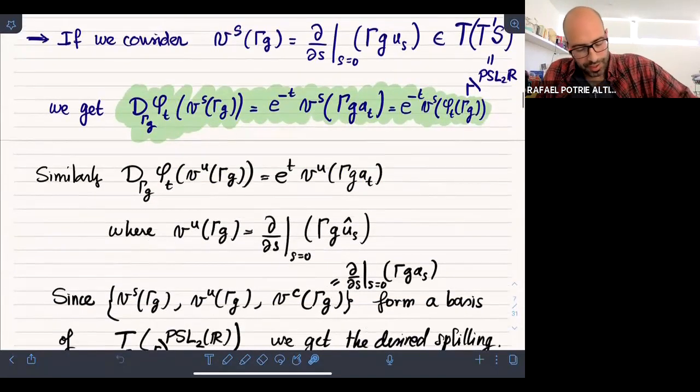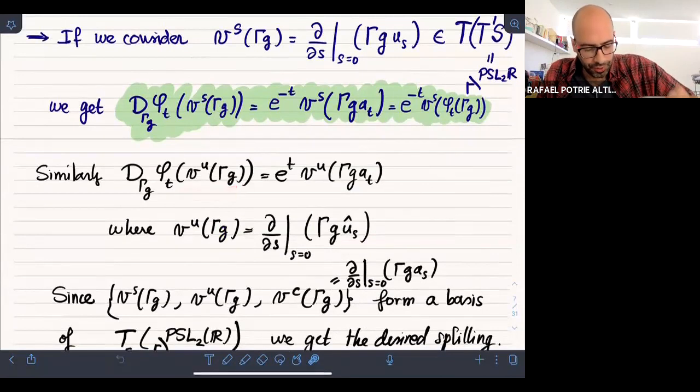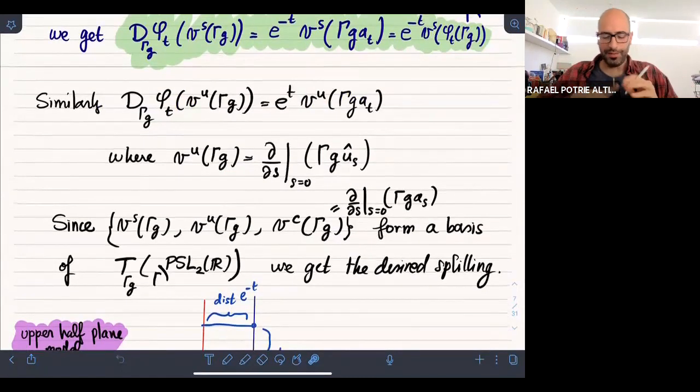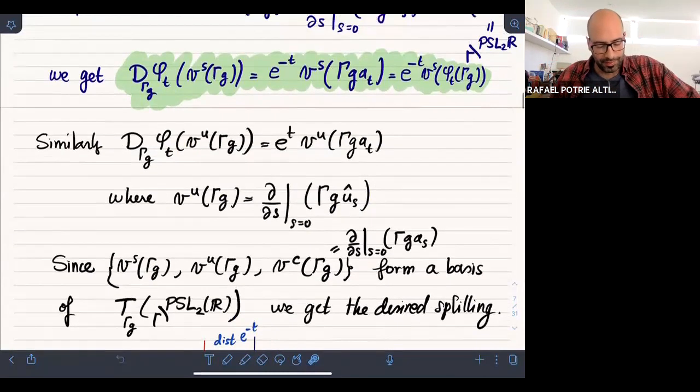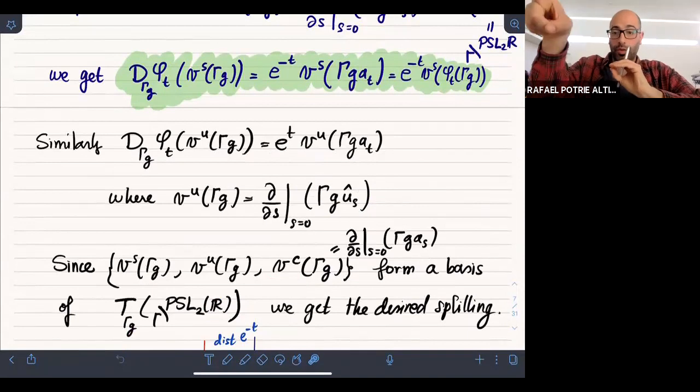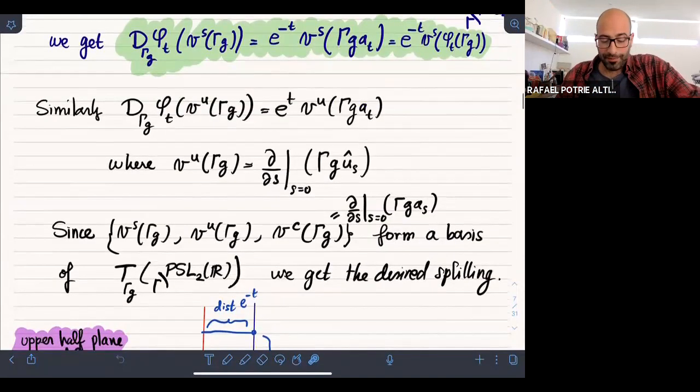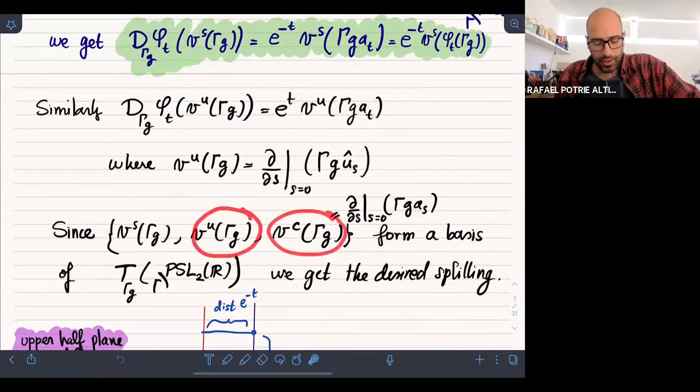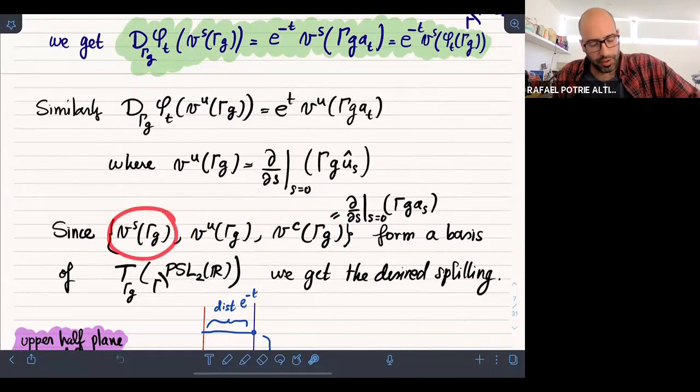And similarly, you can do the same with defining b^u as the derivative of the other one, and you get e^t, which is consistent. So if you take the basis given by b^s, b^u, and the tangent direction to the flow orbits, you get a basis at every point which is preserved, and on which here you are multiplying by 1, here you are multiplying by e^t, and here you are multiplying by e^{-t}.